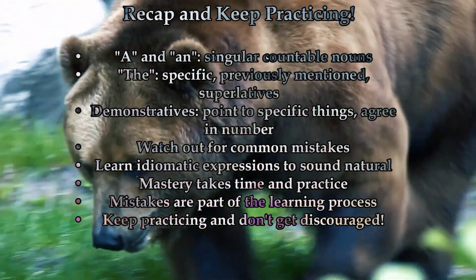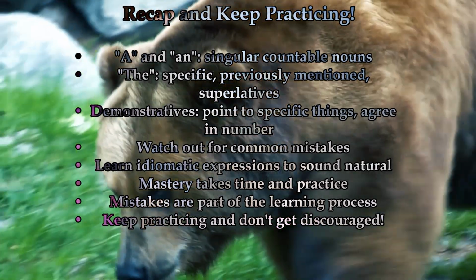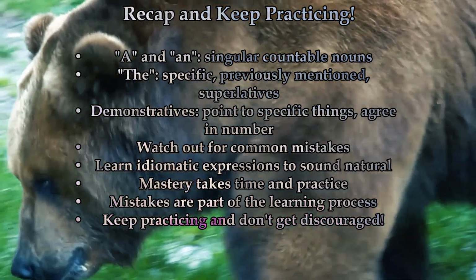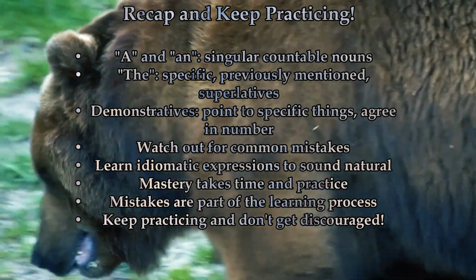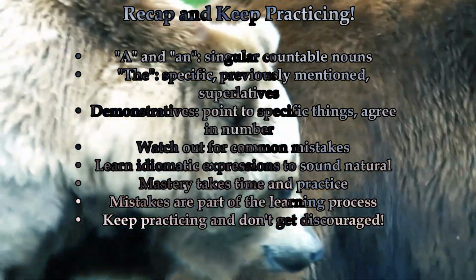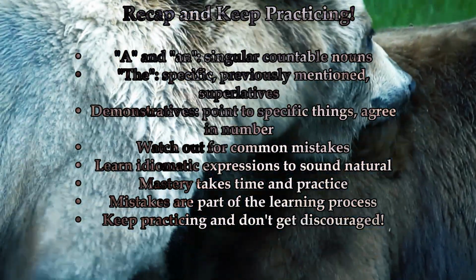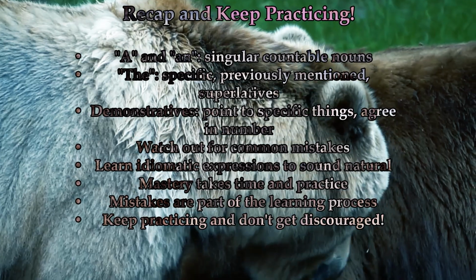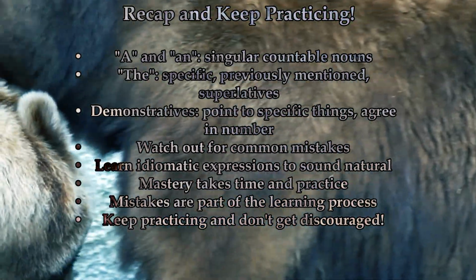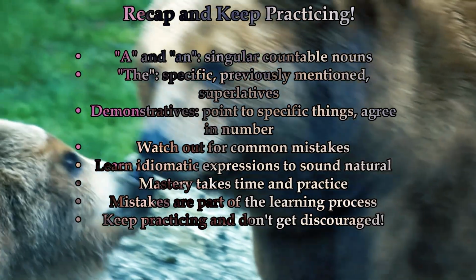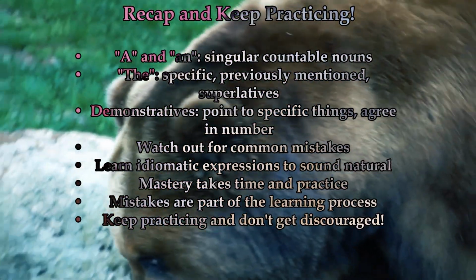Demonstratives, this, that, these, and those, point to specific things and agree with the noun in number. Be aware of common mistakes, such as mixing up a and an, or overusing articles with uncountable nouns. Idiomatic expressions with articles and demonstratives can help you sound more natural in English.